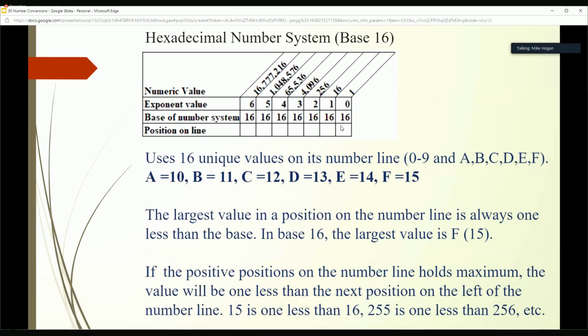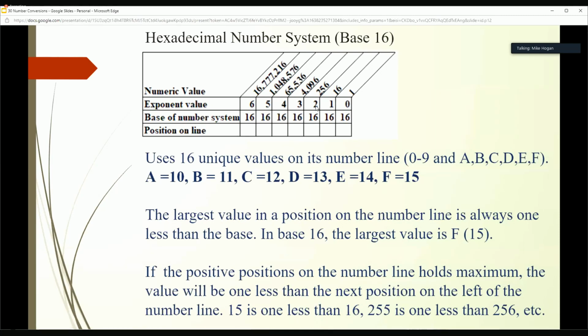We once again take a look at whether this is maxed out. I've got an F here that's maxed out, and so it's 1 less than the next weighted column, 16. That F is 15, right? If I had 2 Fs, that's going to be 15 times 1, or 15, plus 15 times 16.